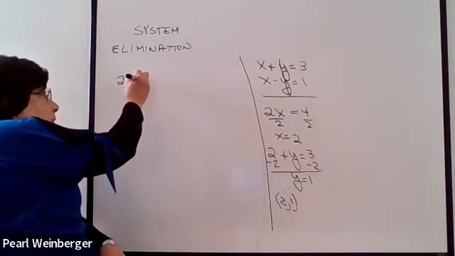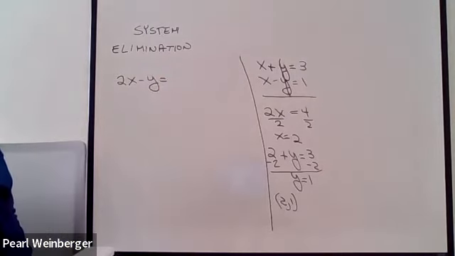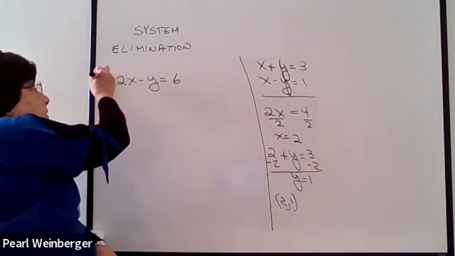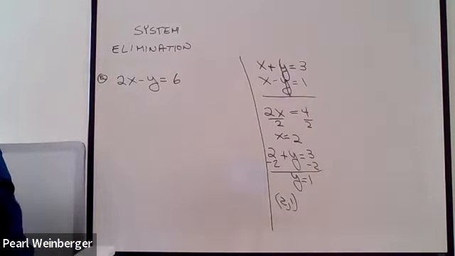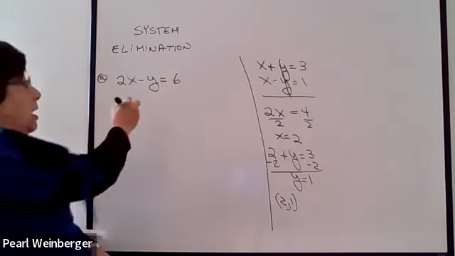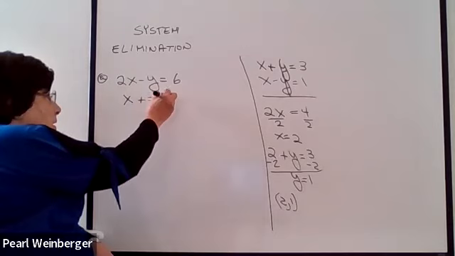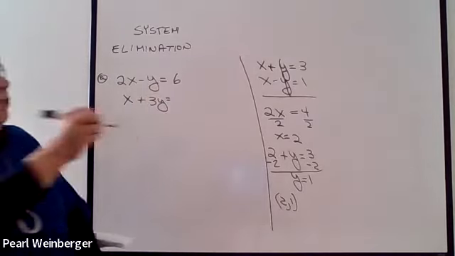Two x minus y equals 6 is my first equation. And my second equation in the system of equations is x plus 3y equals 3.